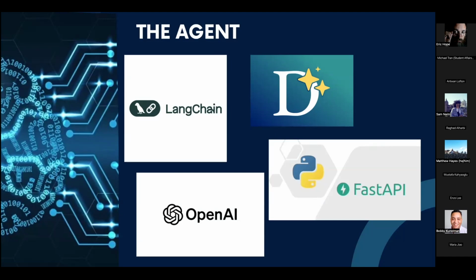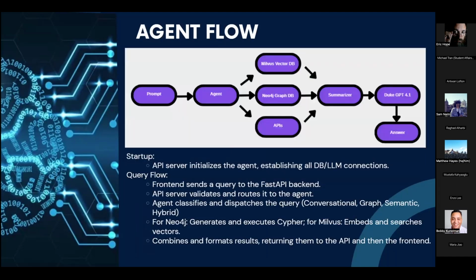We also connect it to Hugging Face, which gives us access to sentence transformers that help us use any sort of prompt through the chatbot and give it to the vector database. We have all of this connected with API calls using FastAPI. These are all the technologies used for our agent. I'll then continue with how the agent works.